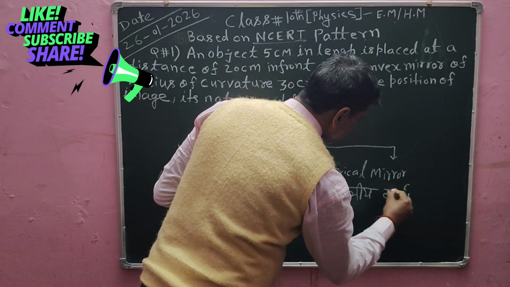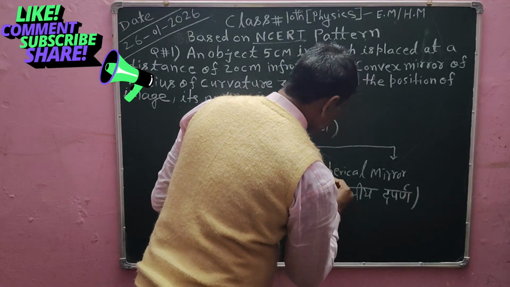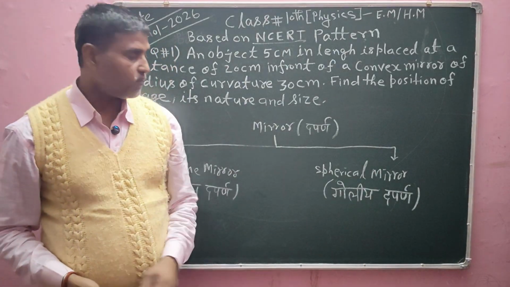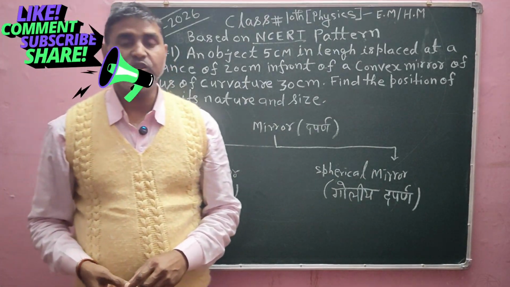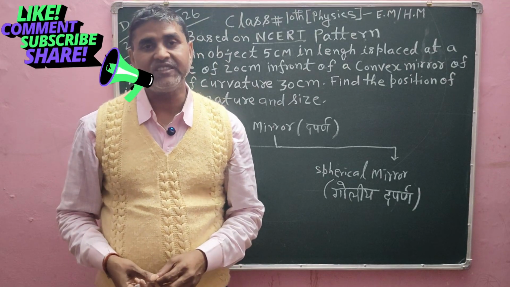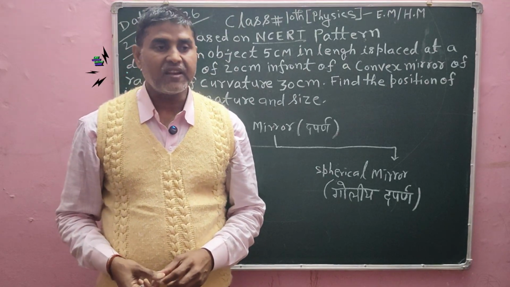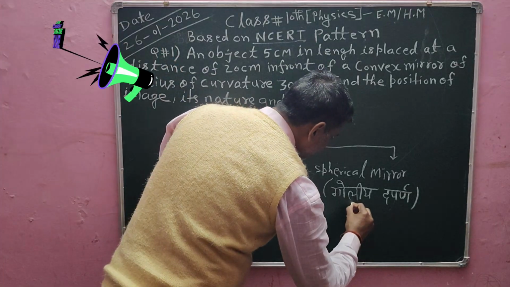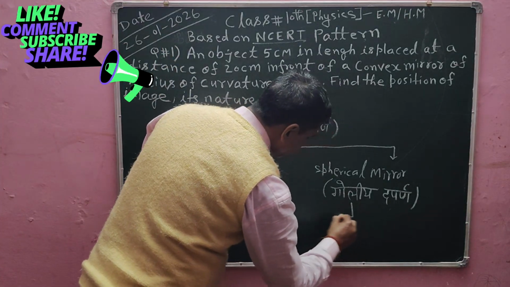It is called spherical mirror, that is गोलीय दर्पण. First of all, spherical mirror is divided into two parts. One is the concave mirror and the other is the convex mirror. Convex mirror I have to write here clearly.